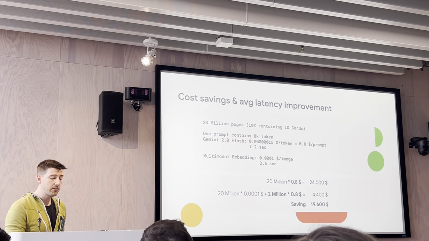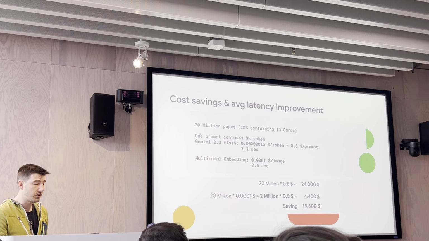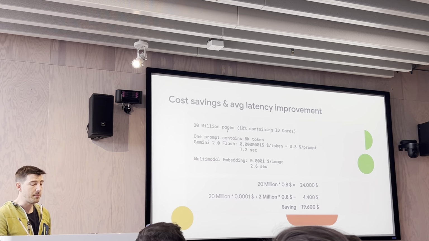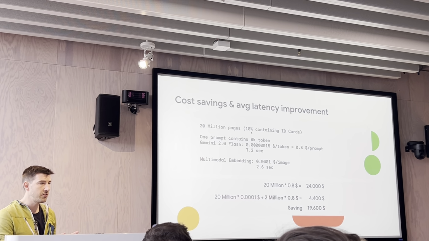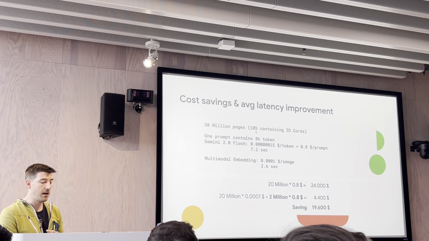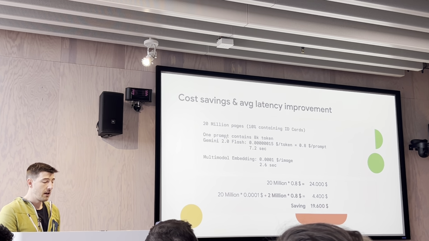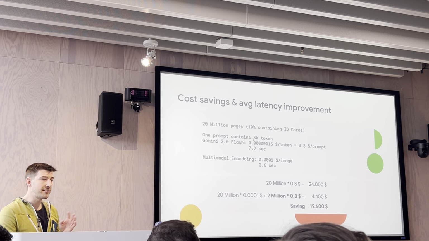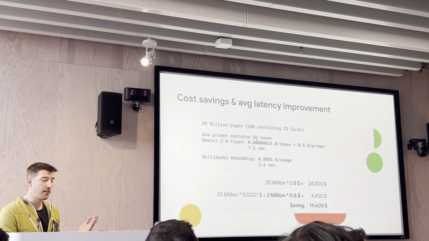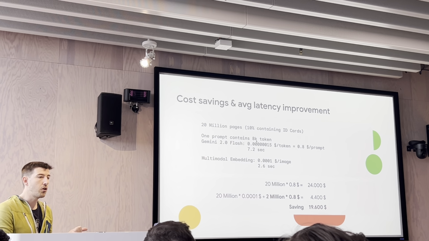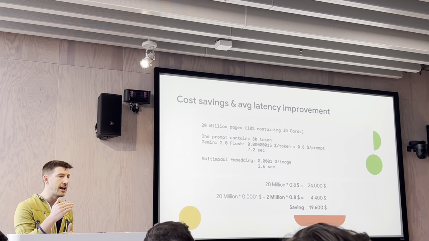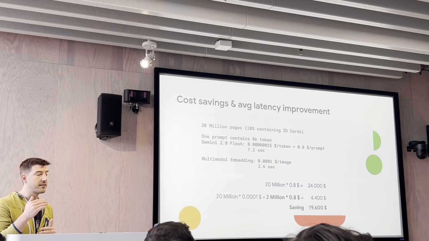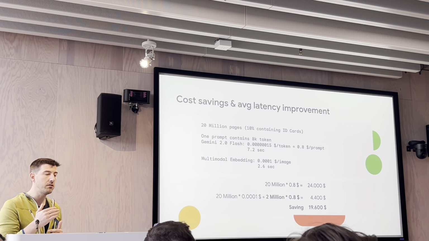And by the end, we did a little bit of math. So they calculated 2 million pages, where only about 10% of those pages contain ID cards. One prompt which they sent for one of these pages had 8,000 tokens, because the prompt they created is very, very extensive. It's a large one.